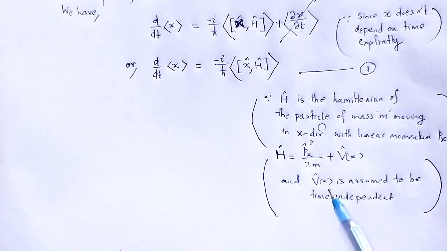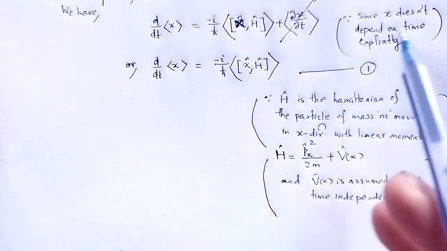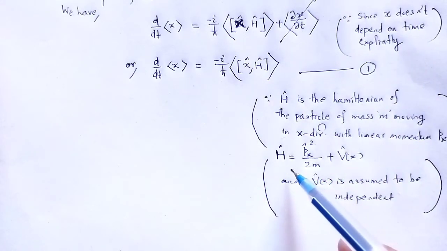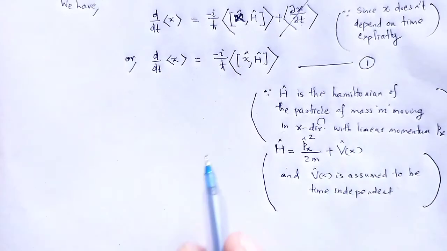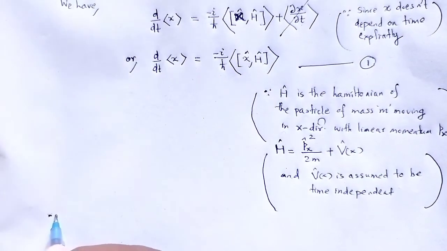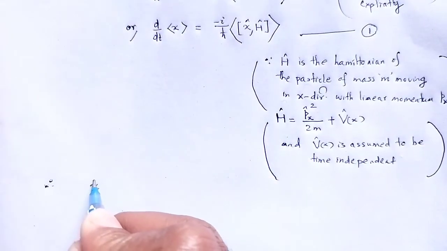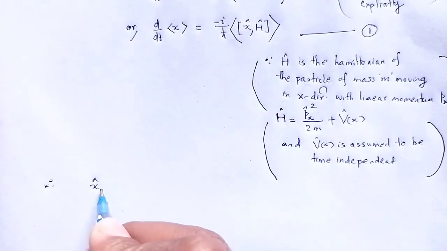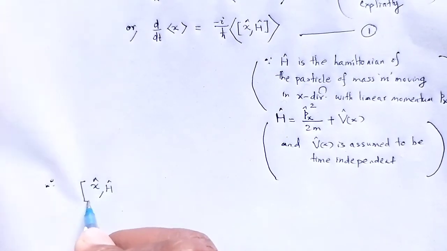Then we have to evaluate that particular equation by putting the value of h cap here. Therefore, we have to expand the commutator bracket of x cap and h cap.